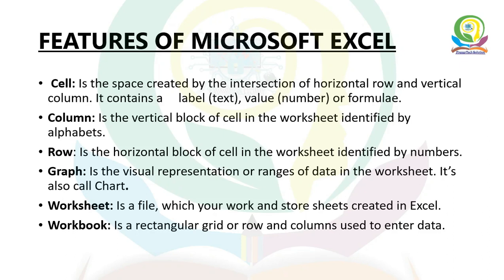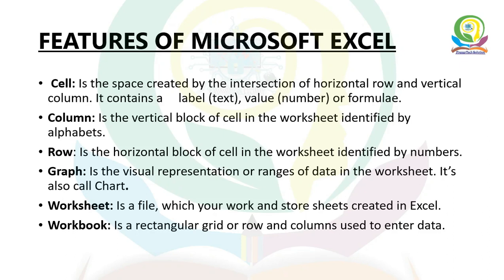That is what makes up the cell, and it contains a label, that is text, or a value, with a number or a formula. So take note of that. When we dive into the practical aspect, you will see what we are talking about with the cell and how it looks.